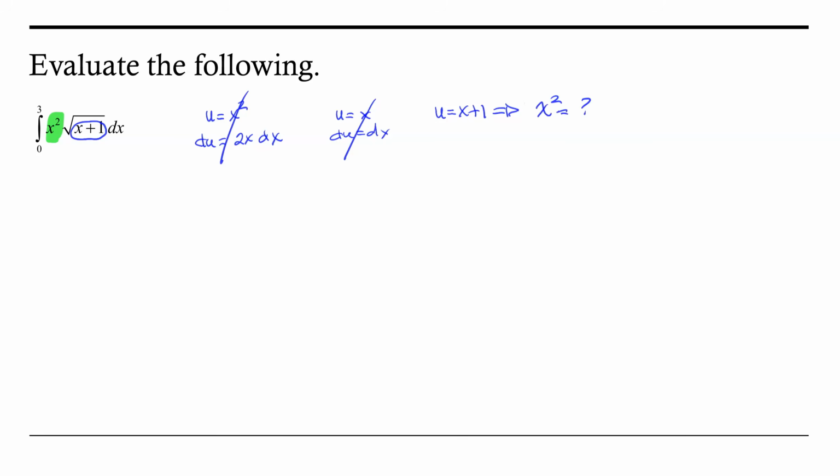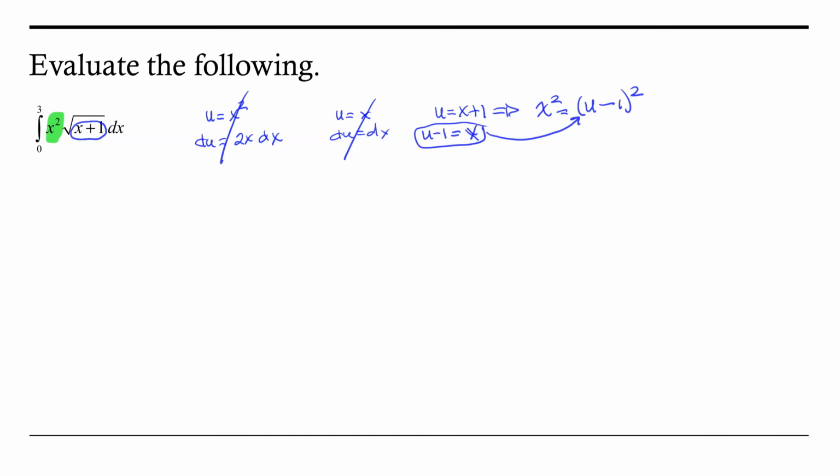Well, if u is equal to x plus 1, then u minus 1 is equal to x. And if u minus 1 is equal to x, then my x squared can become u minus 1 squared.